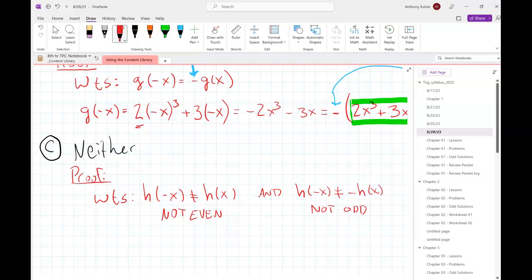Is everybody okay with this? That we need to do two things here. All right. So we'll start with just h of negative x. And I'm going to go ahead and do the same thing I've done before.